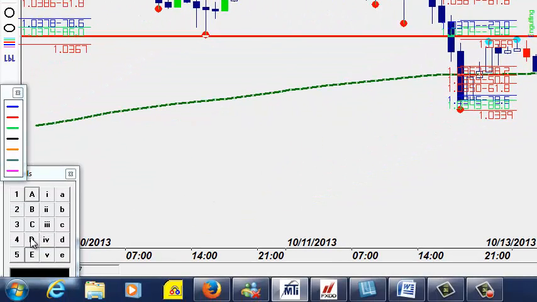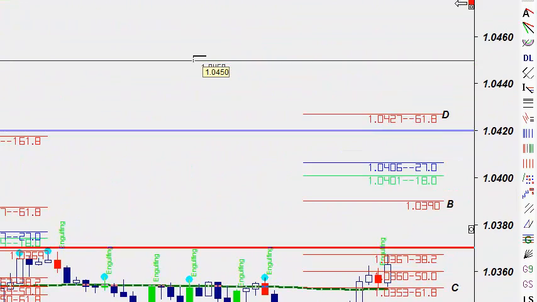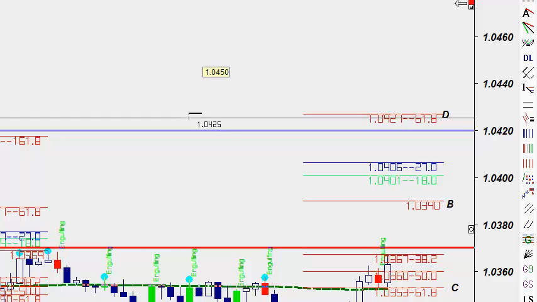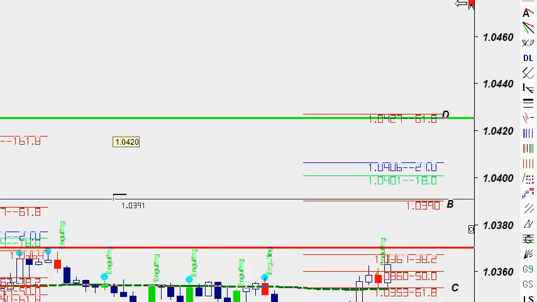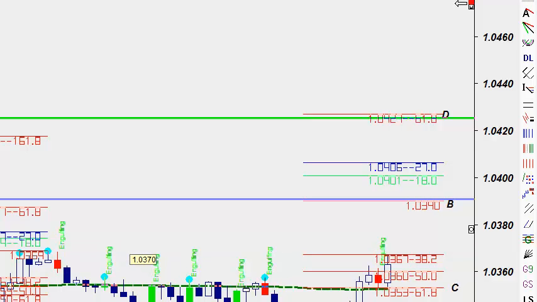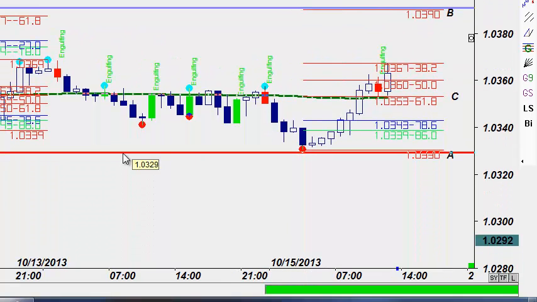So then we're going to take D, and we're going to stick D up here at the 618 extension. And we're going to move everything down where we want it. Right? We want that there. We want the powder blue at B. And of course we want the red at A, below A, right?